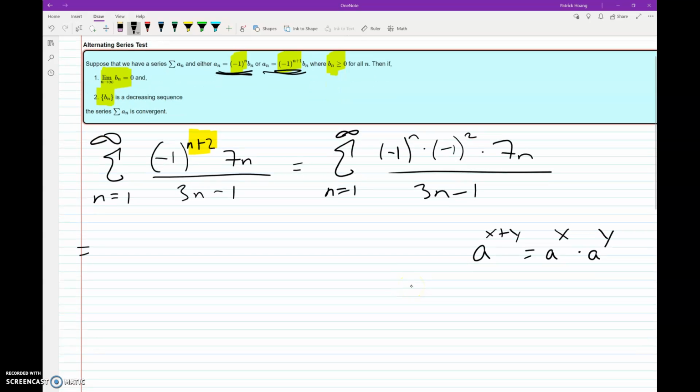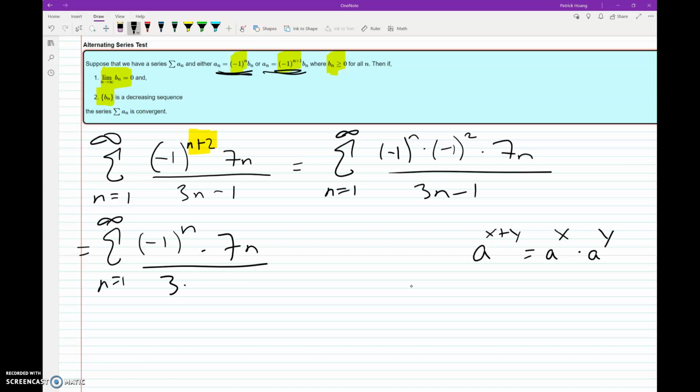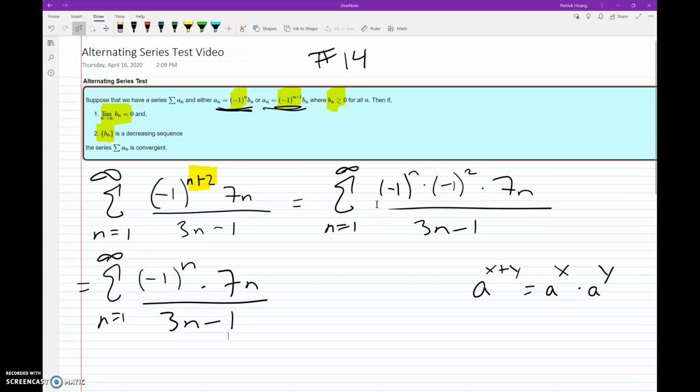So our series is equal to the sum from n equals 1 to infinity of (-1)^n times 7n all over 3n minus 1. So we have officially checked this box. It looks like a sub n is (-1)^n times b sub n. It matches up.